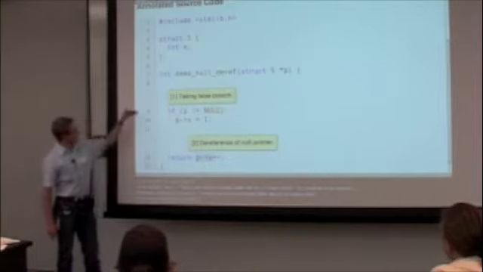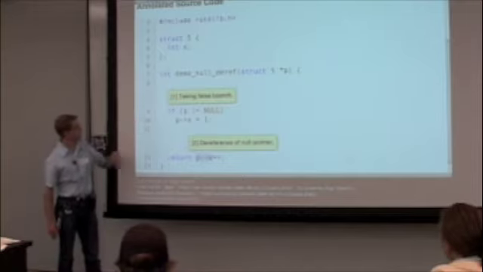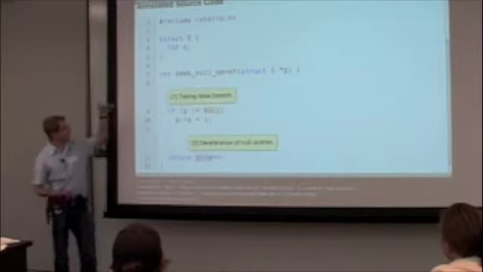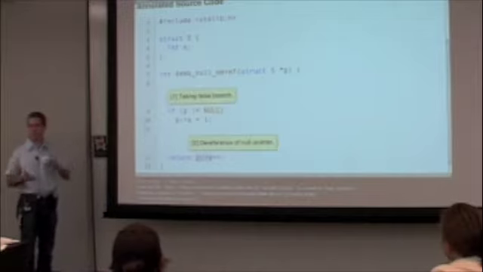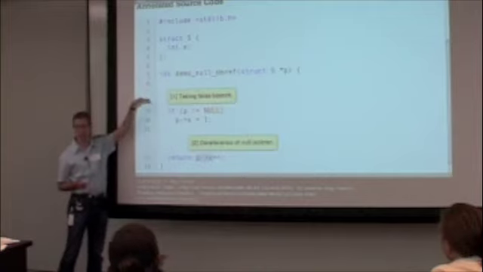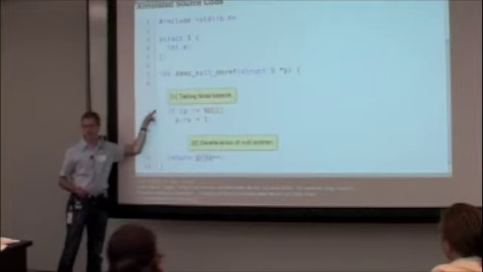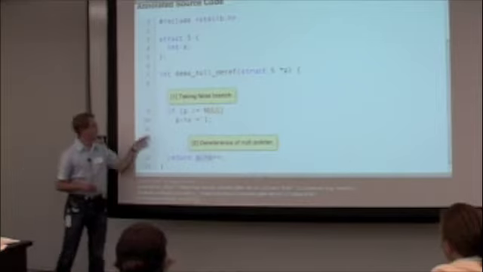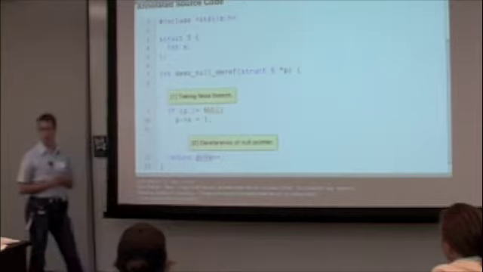So in this case, on line 9, we see that there's this if statement where P is tested against null. And at this point, the analyzer is assuming, well, I'm not going to necessarily make any assumptions about P before it came in, but since you're actually testing it against null here, I'm going to assume that it could be null. And so then on the false branch, P is equal to null, and then it's dereferenced down below.